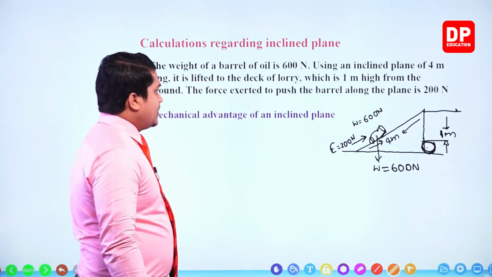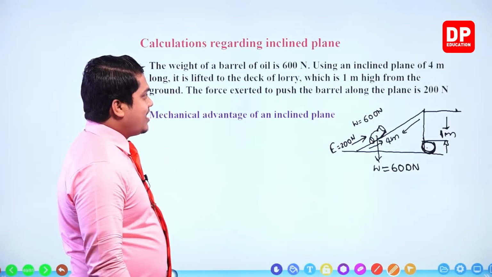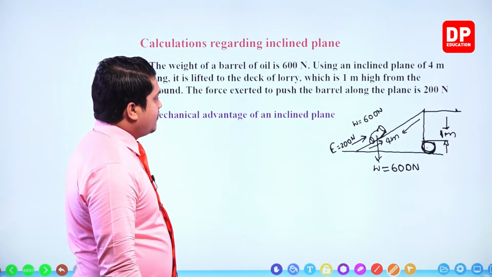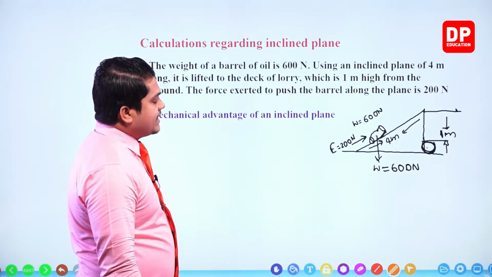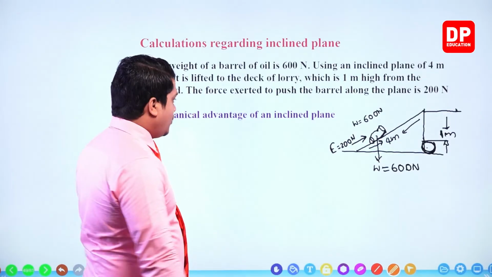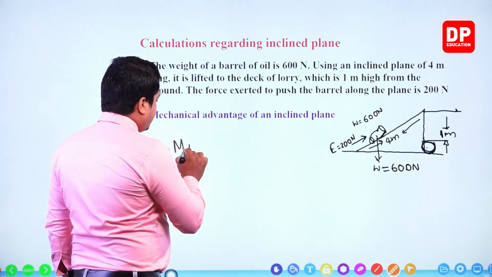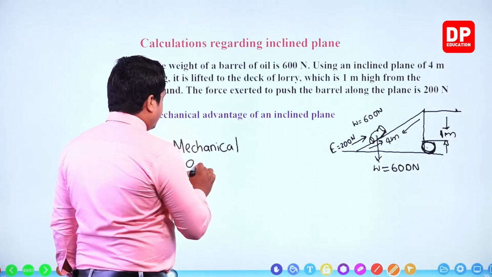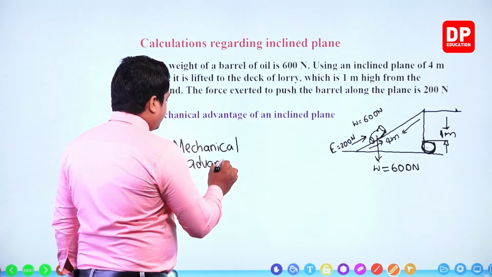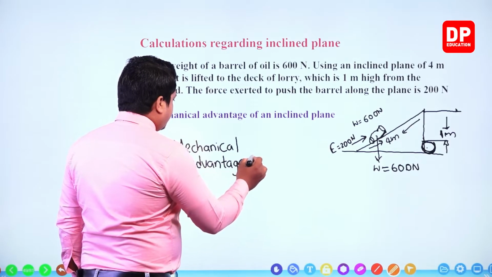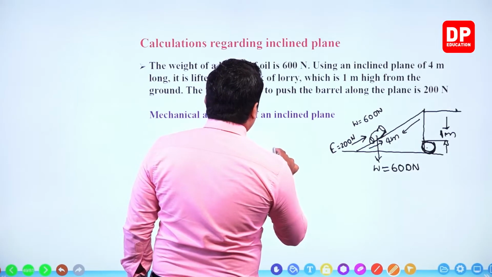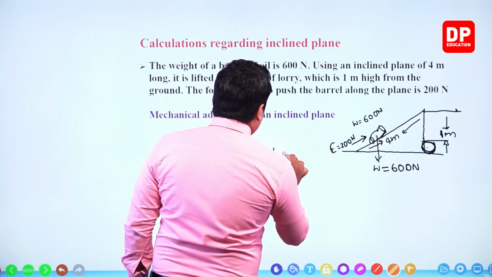Now let's see what questions have been asked. First of all, the mechanical advantage of an inclined plane. Already you know that mechanical advantage is equal to, my dear children, the load divided by the effort.